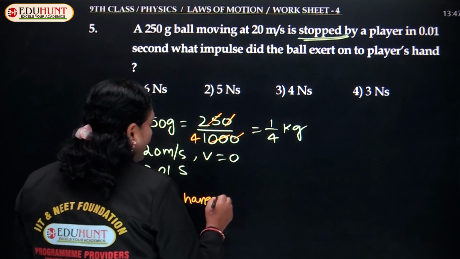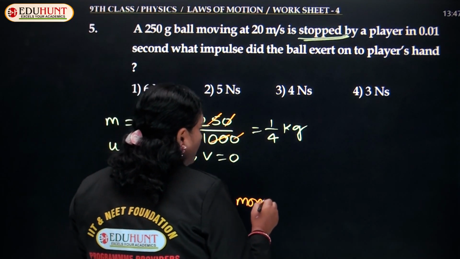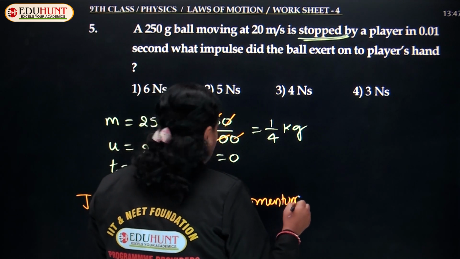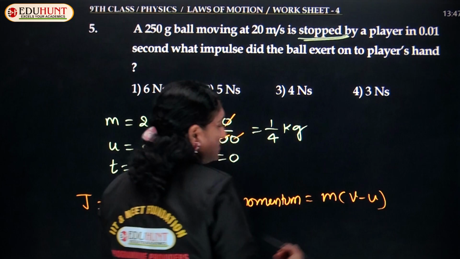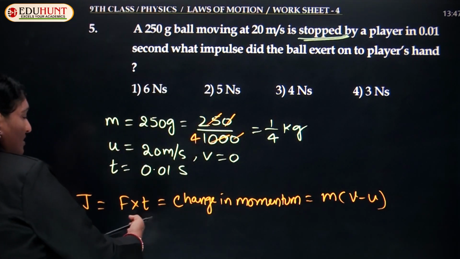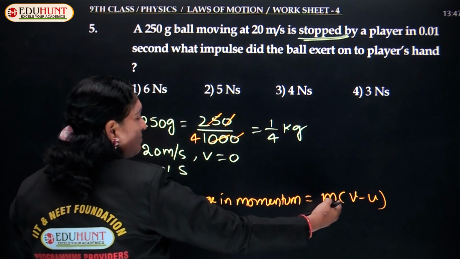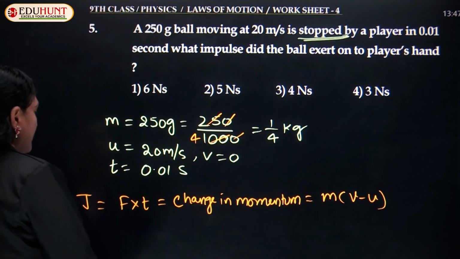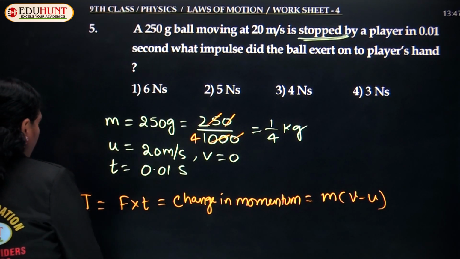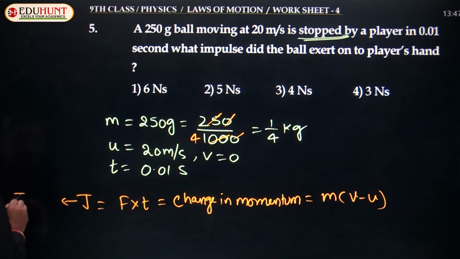Change in momentum can be given as M into V minus U. So J is equal to F into T, which is also equal to change in momentum, and change in momentum can be written as M times V minus U. Therefore, J indicates your impulse.